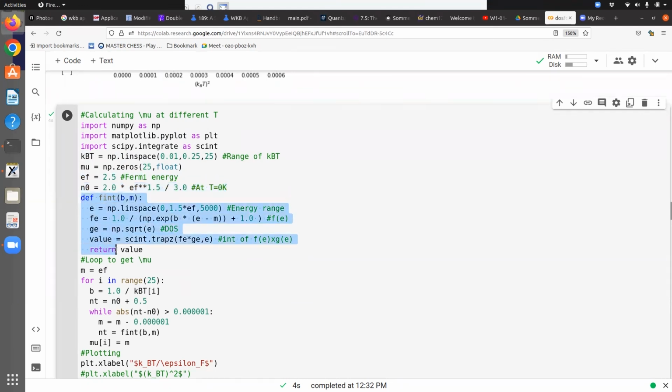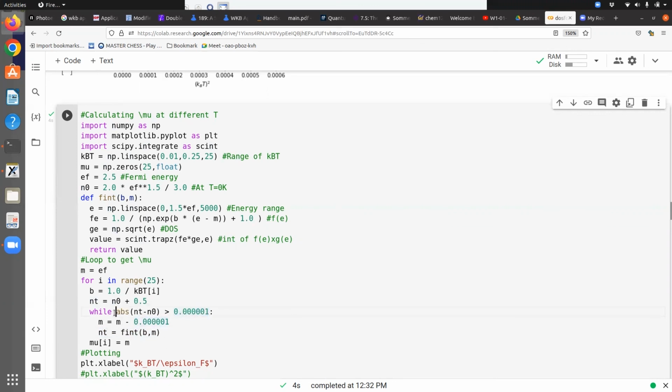In this user-defined function, we calculate the number of electrons at a finite temperature for some guess value of mu. We start with a guess value of mu equal to EF, that is the Fermi energy. Then we have a while loop where we calculate the number of electrons at some finite temperature for a given value of mu. Then we check whether NT minus N naught is greater than this number or not.